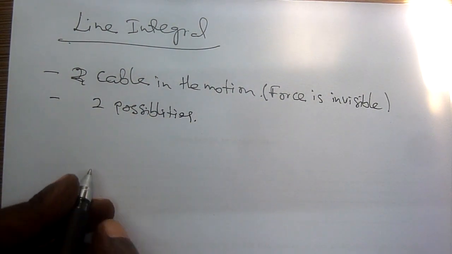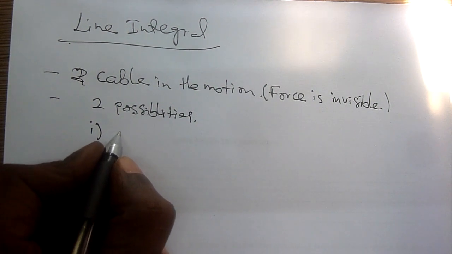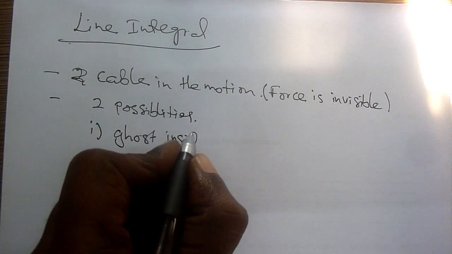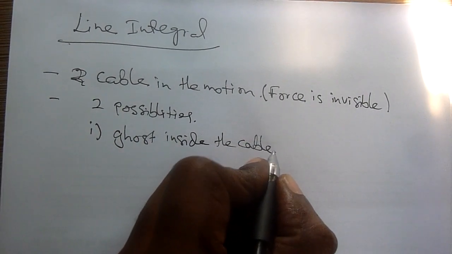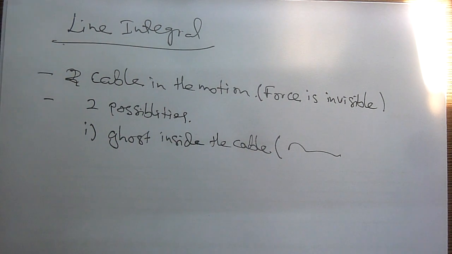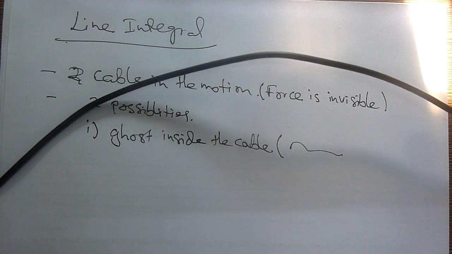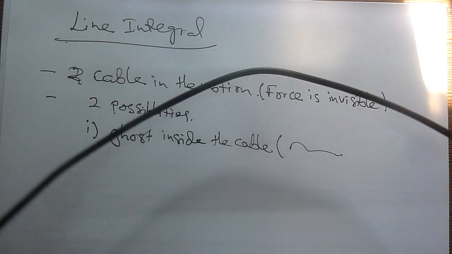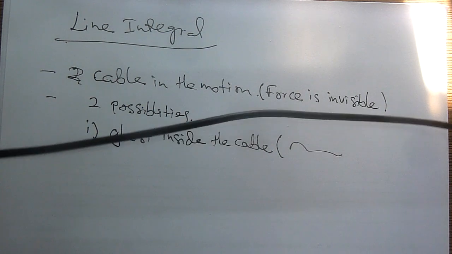What are they? One, you may say, sir, there could be a ghost inside the cable. Nobody expects this, right? When something moves, you cannot pretend to say somebody is moving. I may say the cable itself might move. Nobody imagines that way.